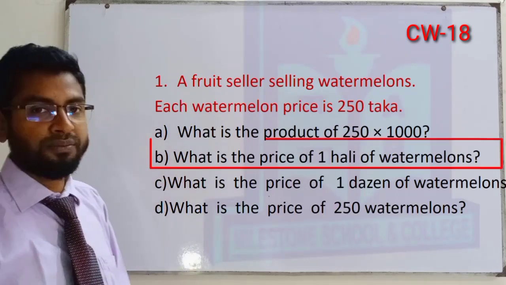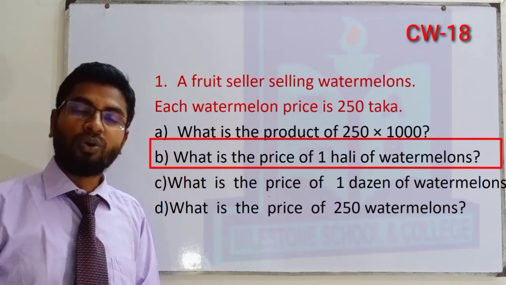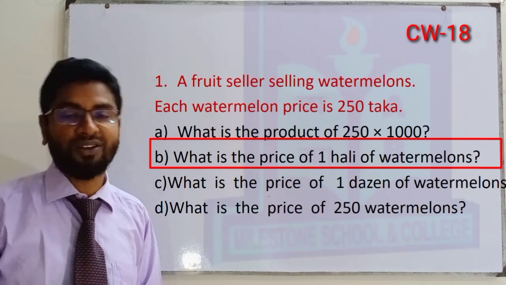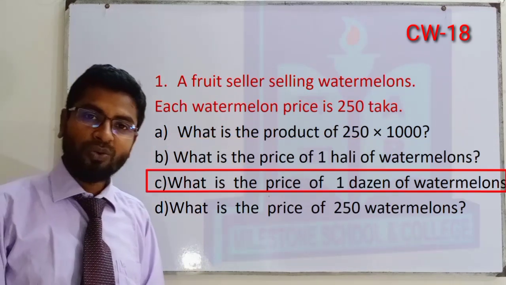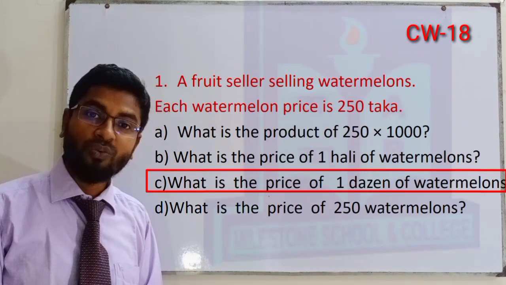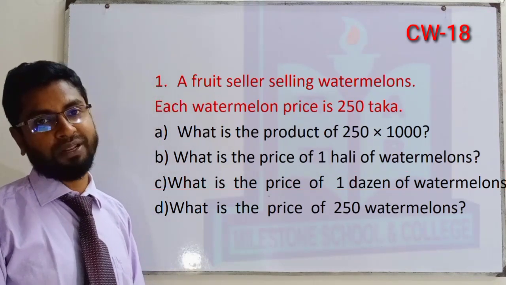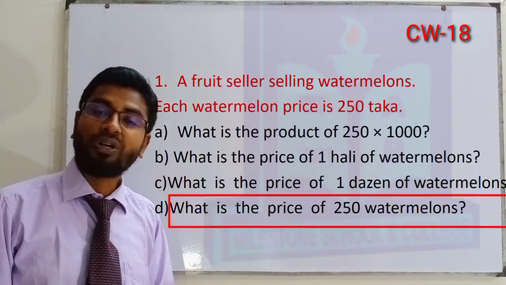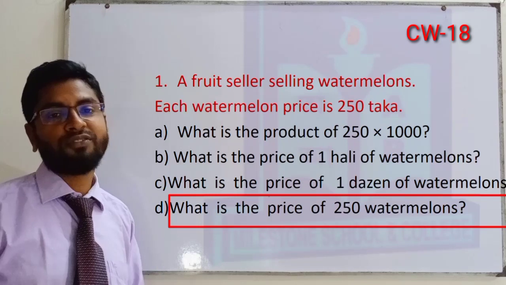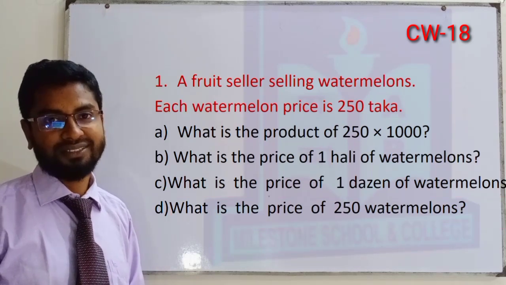B number question, what is the price of 1 hali of watermelons? C number question, what is the price of 1 dozen of watermelon? D number question, what is the price of 250 watermelons?